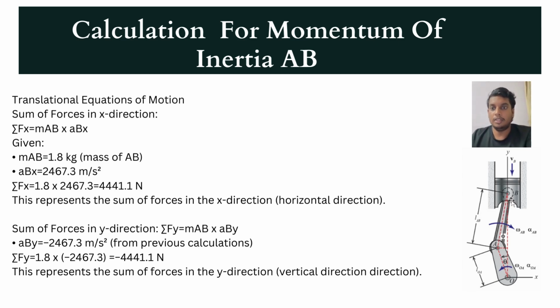Once we multiply both of them, we get 4441.1 Newton for the x-axis. Meanwhile, for the y-axis ABy, which we already calculated as 2467.3, we multiply by the same mass, and you will get negative 4441.1 Newton for the y direction.